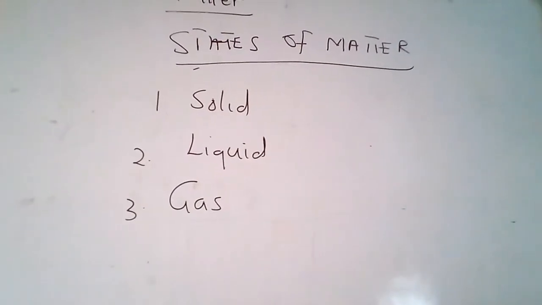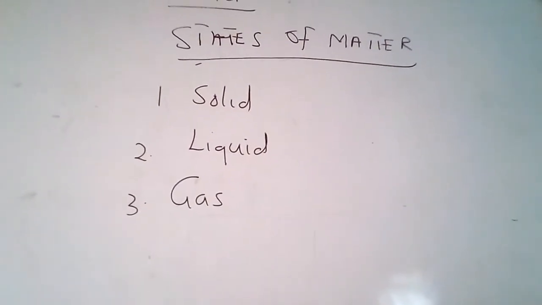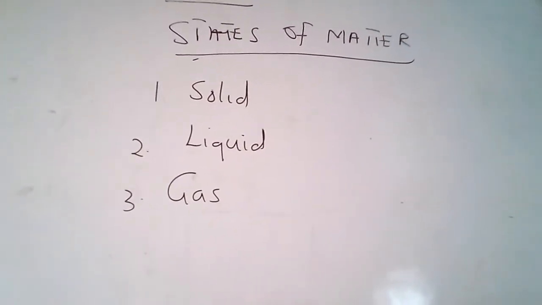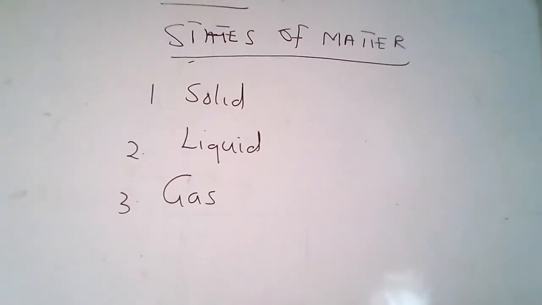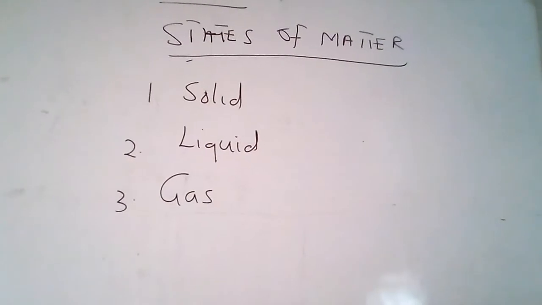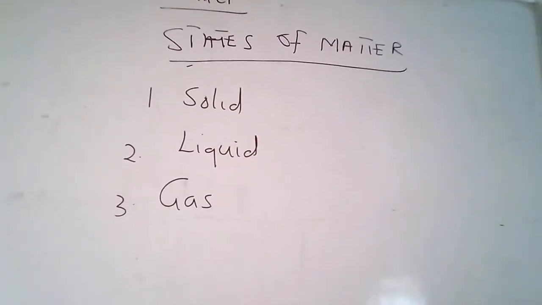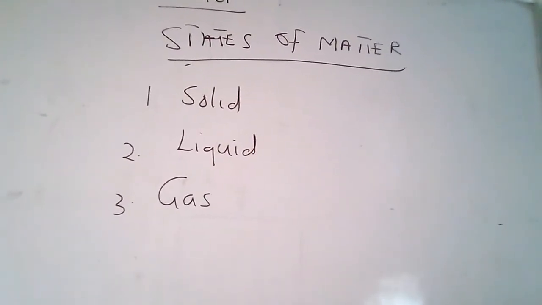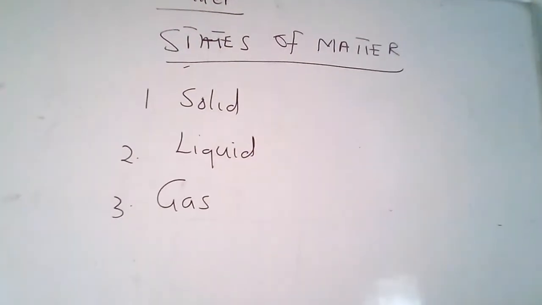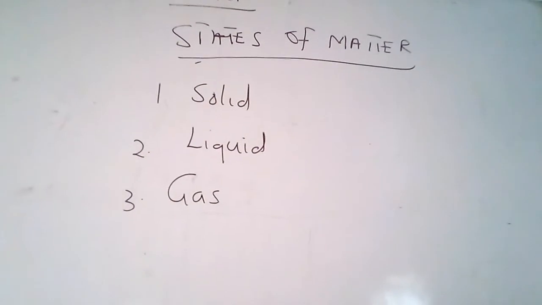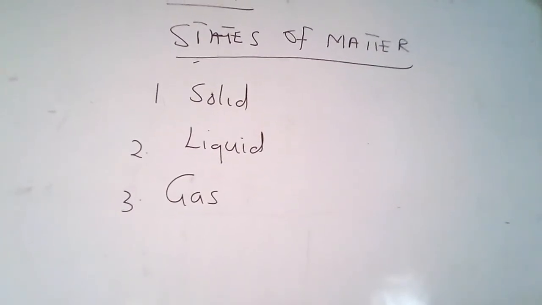Examples of solids include table, spoon, chair, stone, pen, and eraser. And examples of liquids include water, soap, kerosene, petrol, and cooking oil. Examples of gas include oxygen, hydrogen, and carbon dioxide.